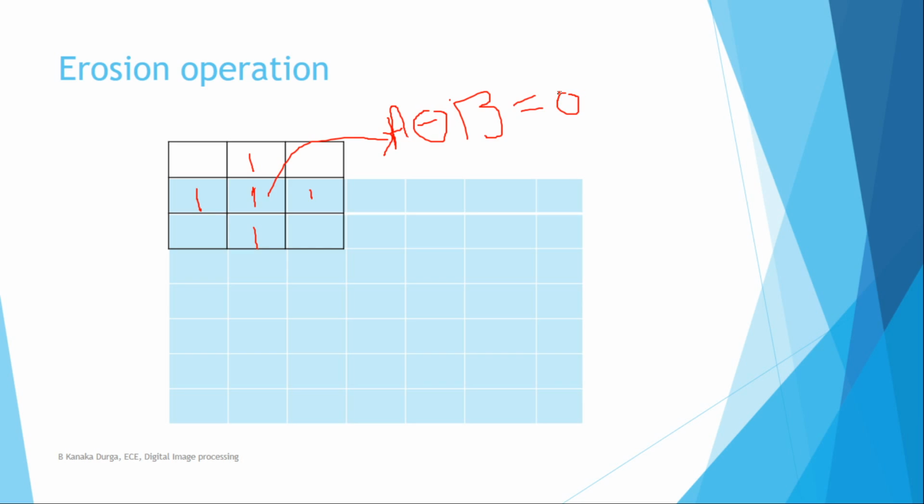The structuring element has to keep moving over the total image, and we have to analyze the total image in order to calculate the dilation or erosion values. Here we are considering the erosion operation. If all the pixel values match, only then does the resultant go for 1; otherwise the value goes for 0.